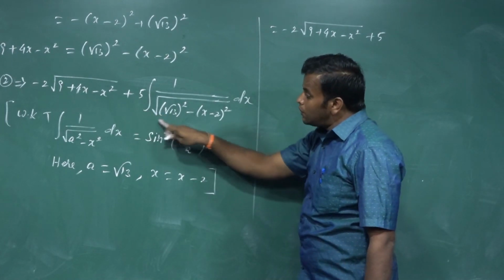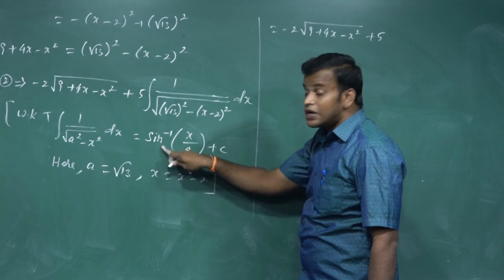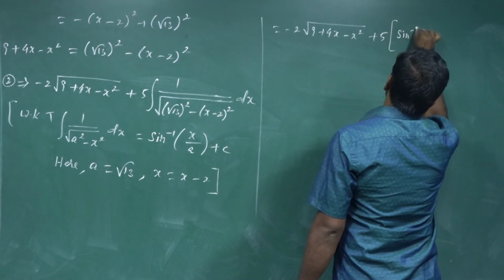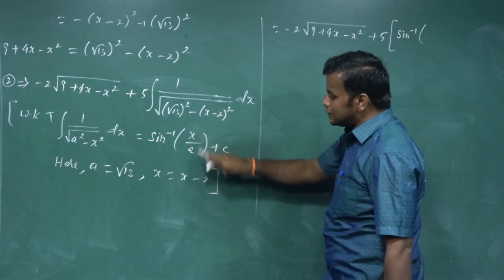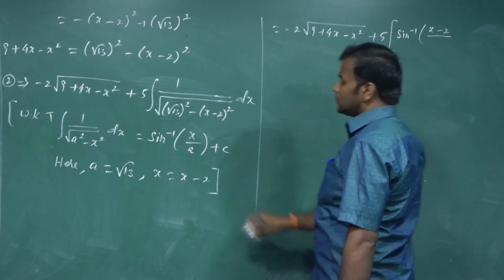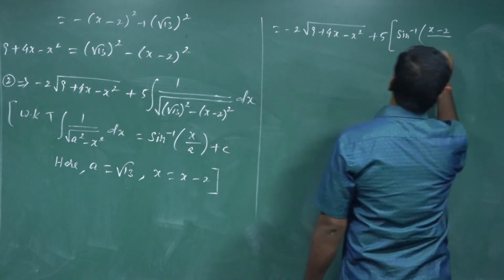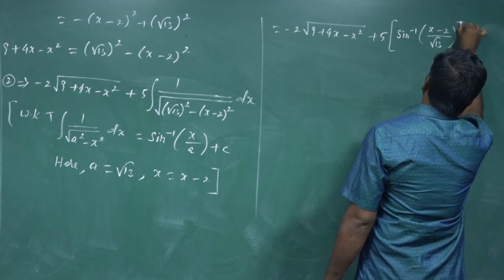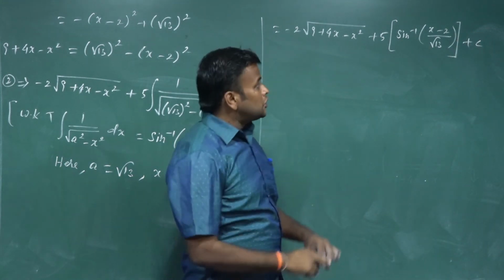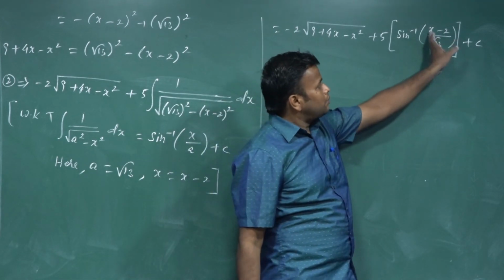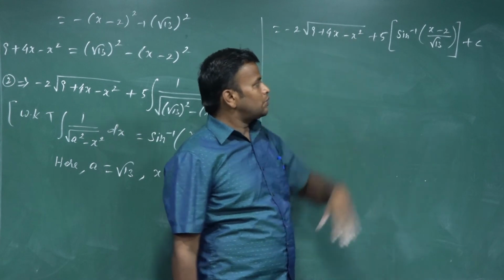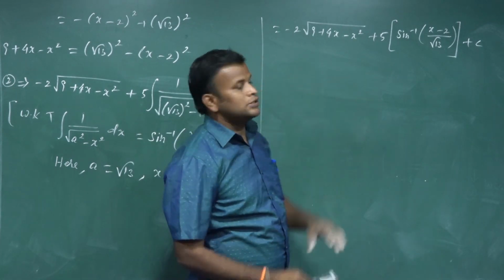Now apply this formula: 5 into sine inverse of x minus 2 by a, the value of a is root 13. All integration over. Now we add the constant c. It is also a composite function, but in place of x is x minus 2. The derivative of x minus 2 with respect to x is just 1, so I don't write it.